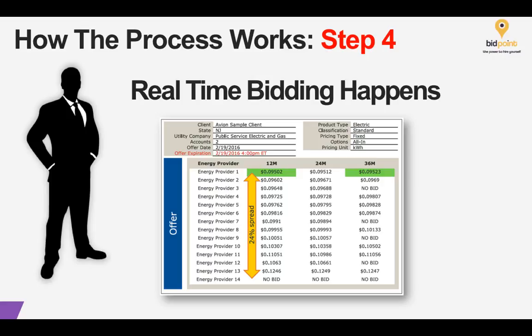And then we have put together where they'll highlight it. Now, energy provider 1 might be the best deal for a 12-month deal, but energy provider 10 could potentially have the best 36-month deal. And we work with the customer to make sure that they understand what's a better deal for them, 12 months, 24, 36, and so on, to make sure that they get the best price that they're looking for.